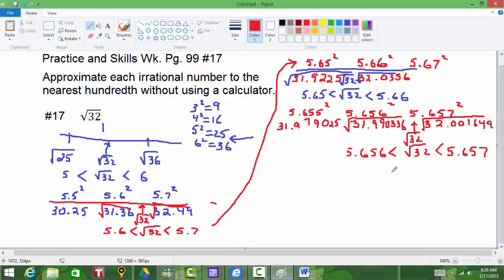Okay, and then at this stage we can go ahead and round to the nearest hundredth. It says to round the number to the nearest hundredth, so I'm just going to do a rounding at this stage. Let's take a look.